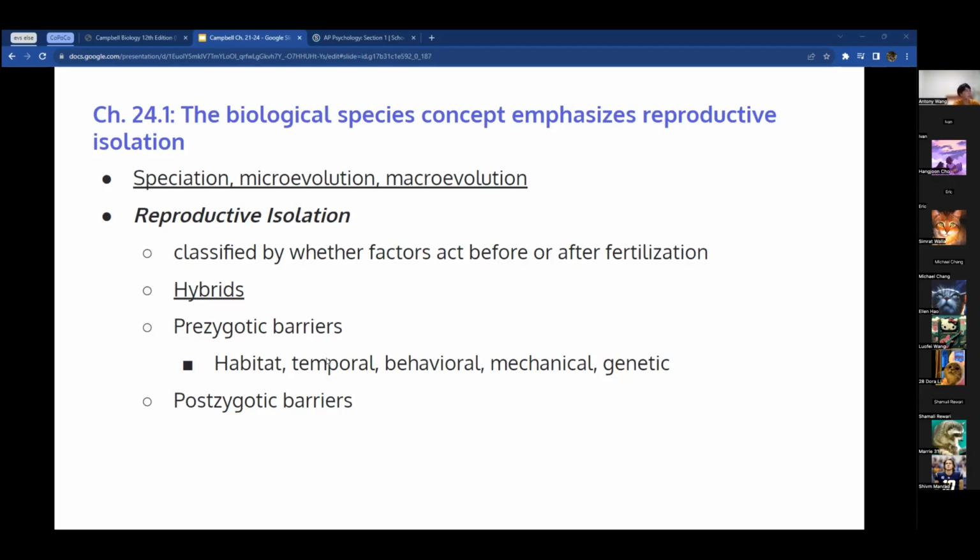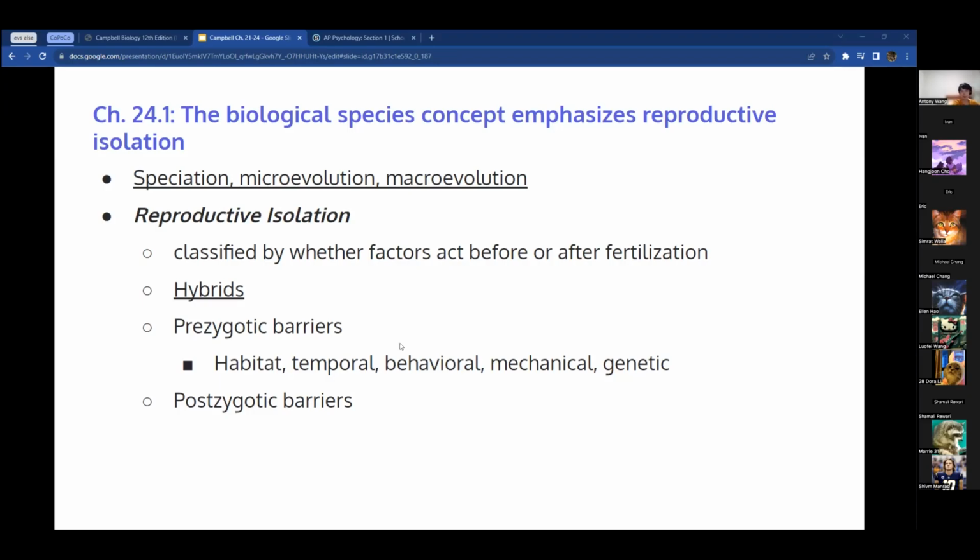Prezygotic barriers include habitat. Deer and frogs don't live in the same place, therefore they can't even meet, right? Temporal: deer and frogs both have mating seasons, and if those don't match up, they won't mate.